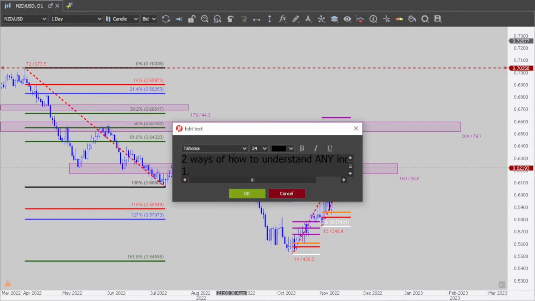Number one, we have indicators that are trying to predict the future, and number two, we have indicators that are confirming that the event or change already happened.